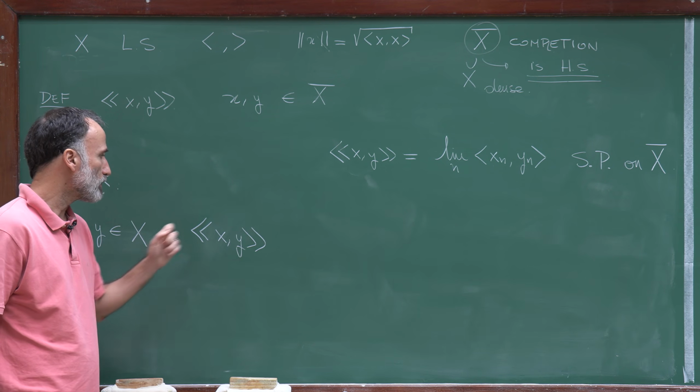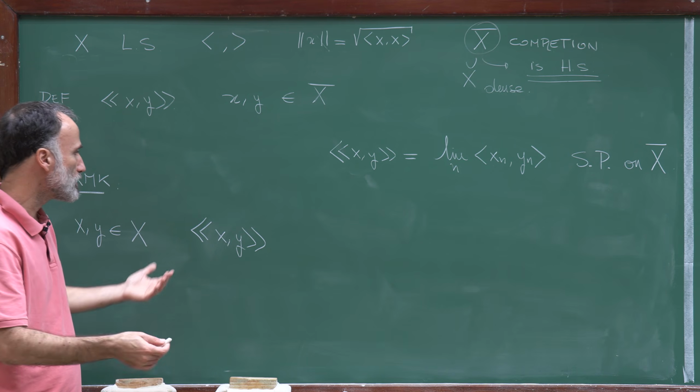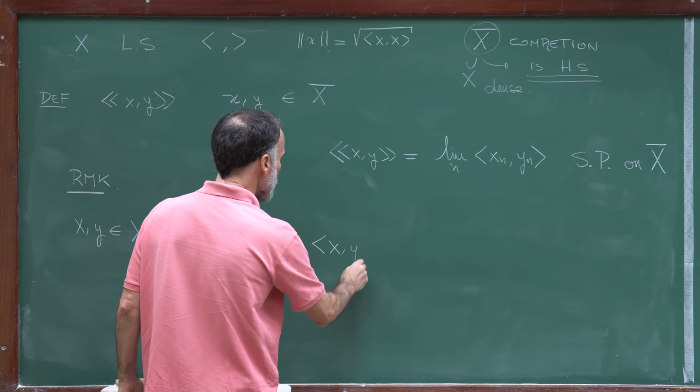So we have the definition of the scalar product of x and y, this new scalar product, and what I claim is that it coincides with the original one.